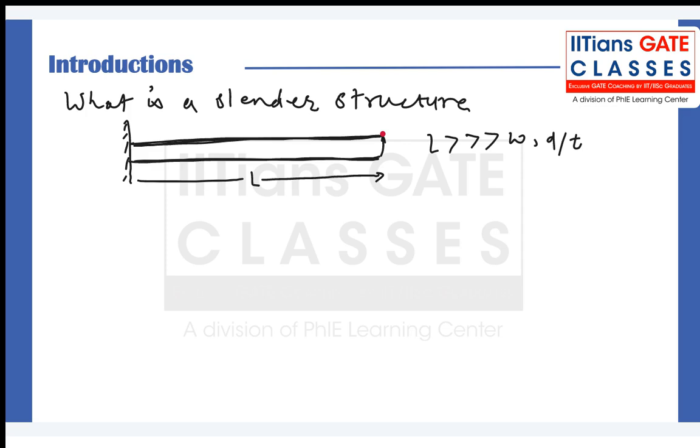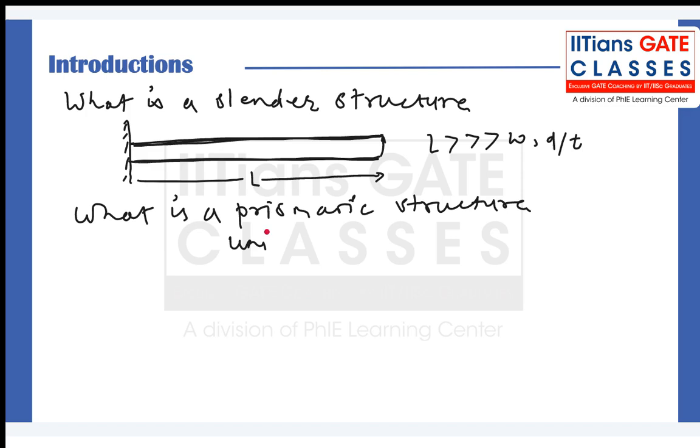What is another condition apart from uniform cross section for a prismatic structure? Can anyone tell? So first is uniform cross section. Another, yeah, EI is constant, or you can say material properties are uniform.